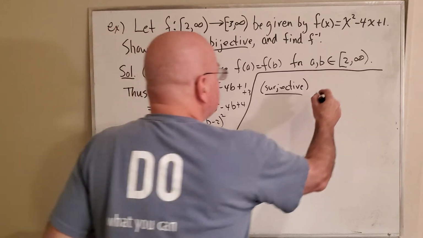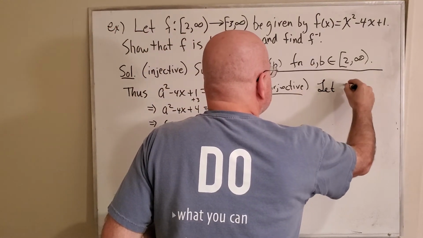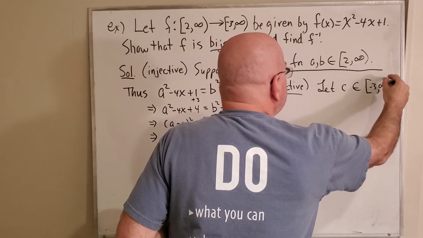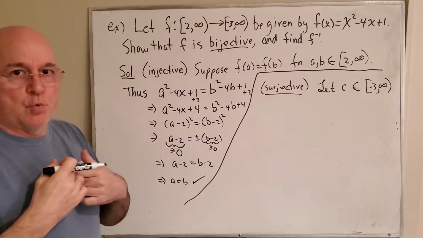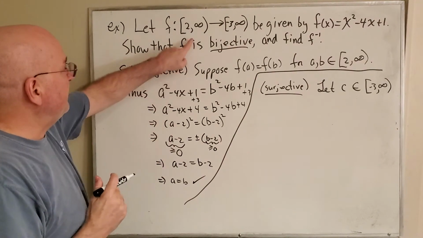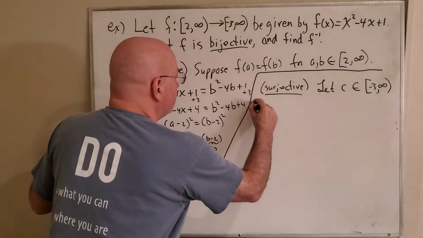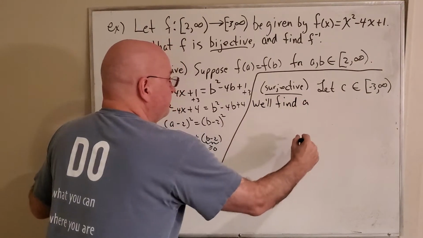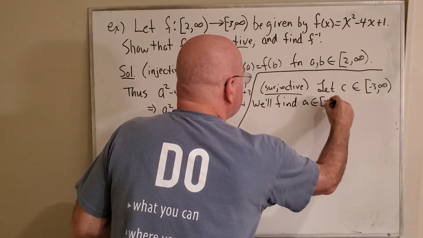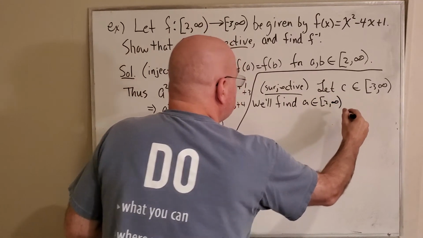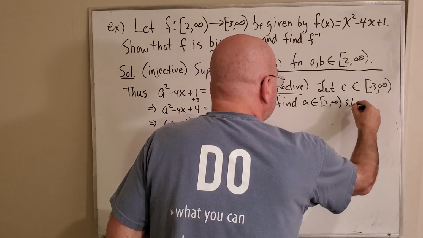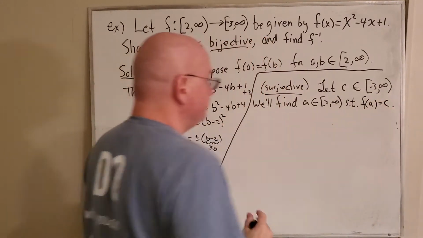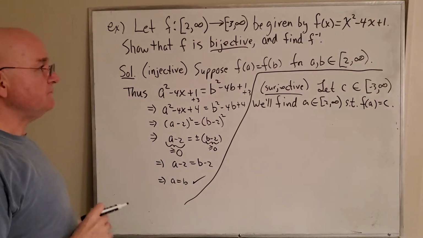So I'm going to let C be an element of -3 to infinity. Any one of those numbers. We're going to try to find an A in this set. We'll find A in 2 to infinity such that f of A equals C. And then we'll be done.